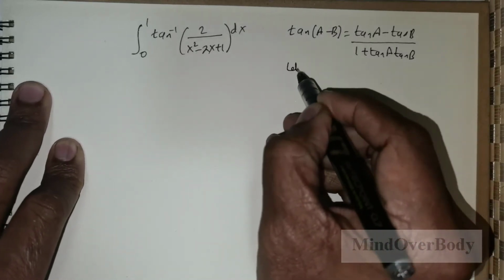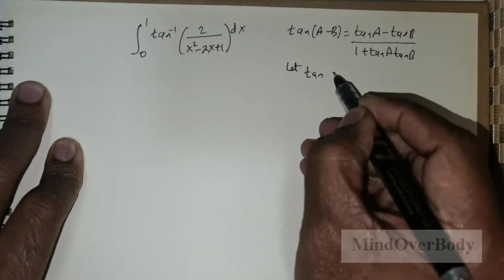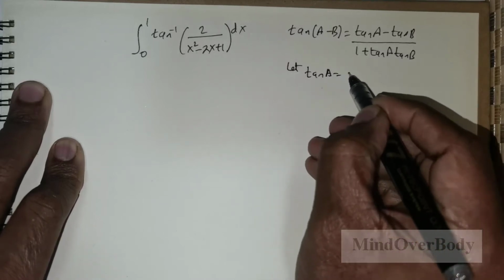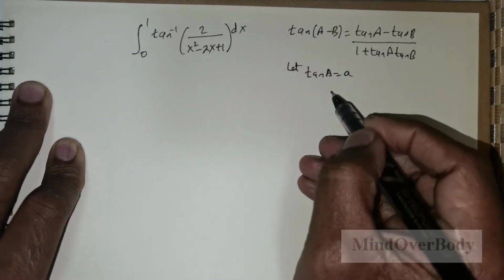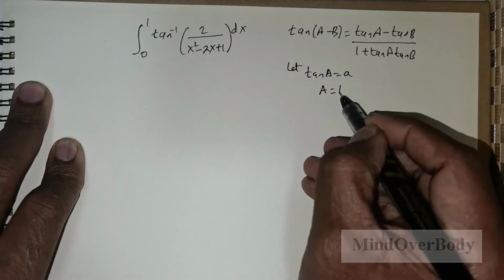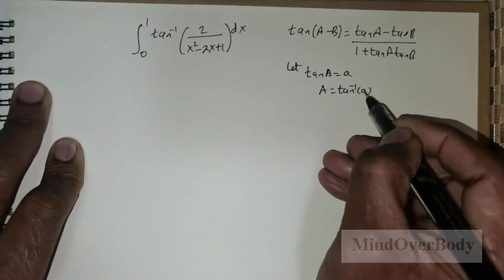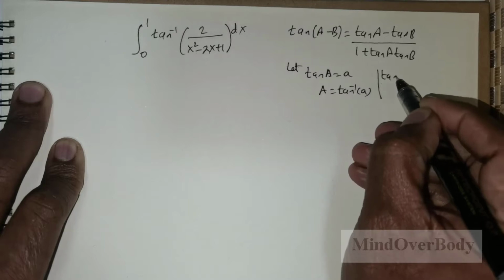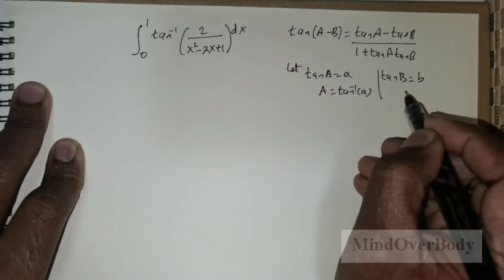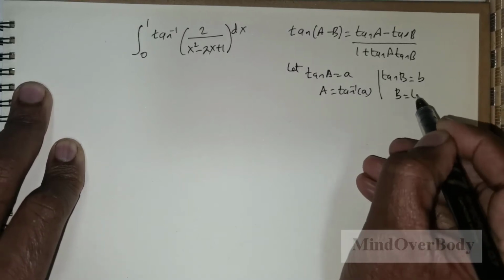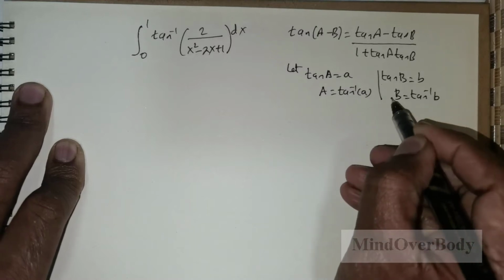Now, if I were to take tan A to be some lowercase a, then capital A would be tan inverse of a. Similarly, if I take tan B to be some lowercase b, then capital B would be tan inverse of small b.